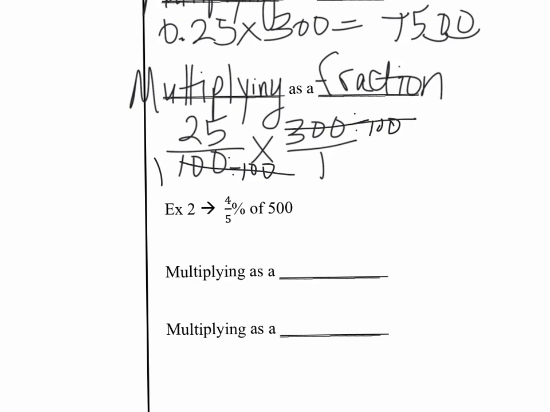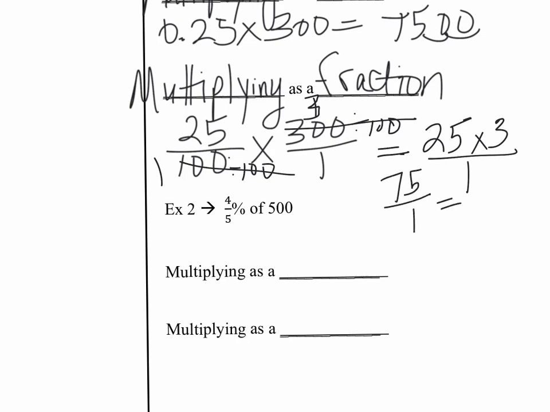So we've just made that 100 into a 1 and that 300 into a 3, which leaves us with 25 times 3 over 1. As with money, 25 cents, 3/4, that's 75 over 1, which is equal to 75. You get the same answer that you got when you used a decimal.